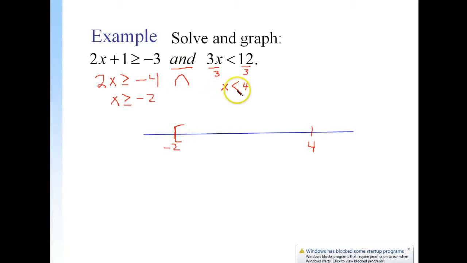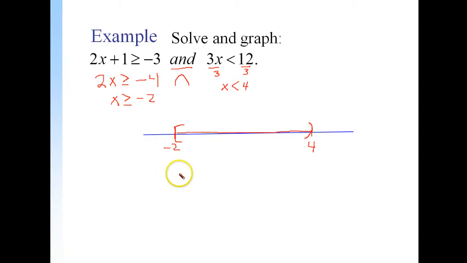And then now x is less than 4. So here we're going to use a parenthesis. So this is where they would intersect and are conjunction. And the way we would finally write this is that negative 2 is less than or equal to x, x is less than 4.